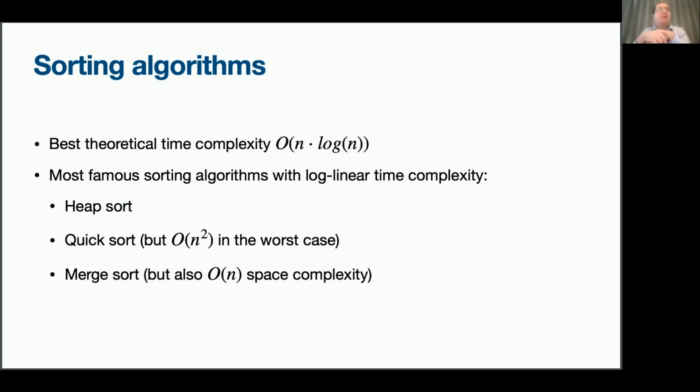In terms of sorting algorithms, we have a developed theory which says that for common sorting algorithms the best complexity is linearithmic, which we can see on the slide here. The most famous sorting algorithms with this log-linear time complexity are heap sort, quick sort, and merge sort.